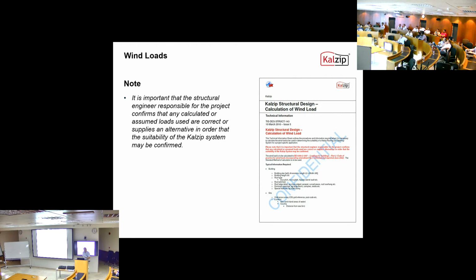We do have structural design calculation sheets so we know how our system performs, how it functions. But it's also always important to note that the structural engineer responsible for the project confirms that any of the calculated loads or assumed loads that we use or you use are correct and applicable for the project.